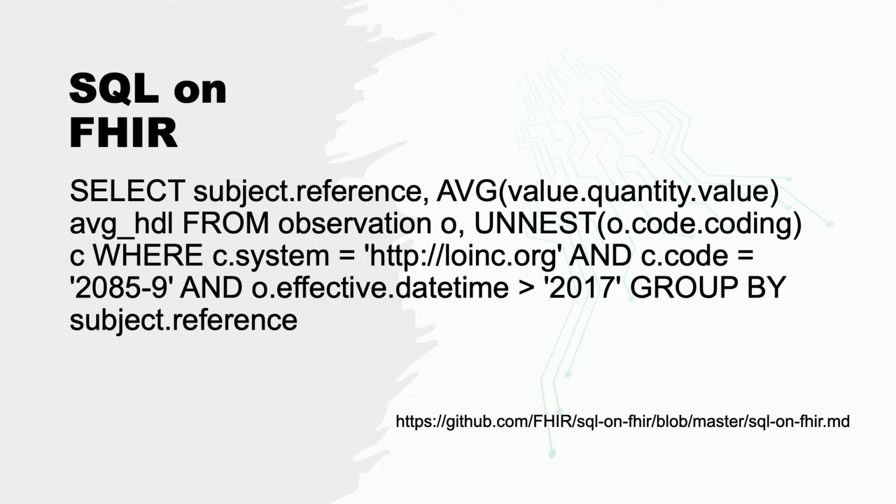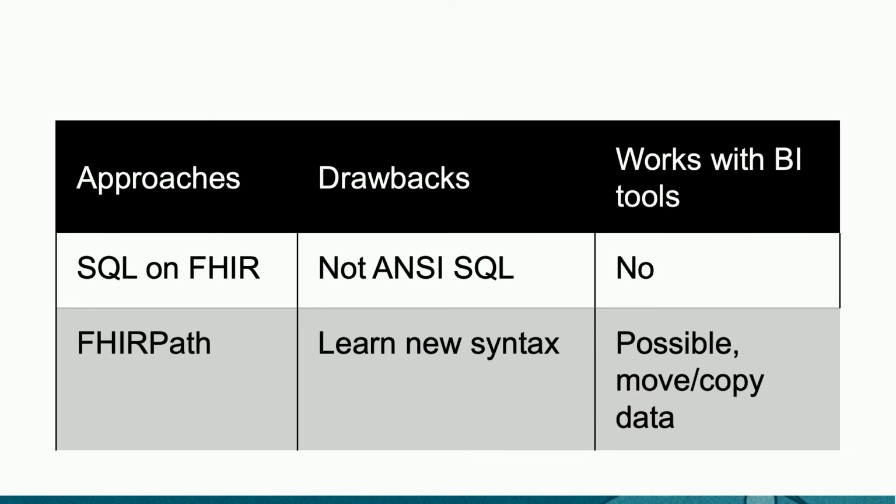And then you can issue what looks like a SQL query and be able to query a FHIR repository. Now, one problem with this, of course, is that it isn't ANSI SQL, and it's really not BI compliant.